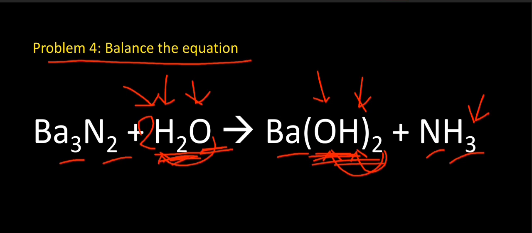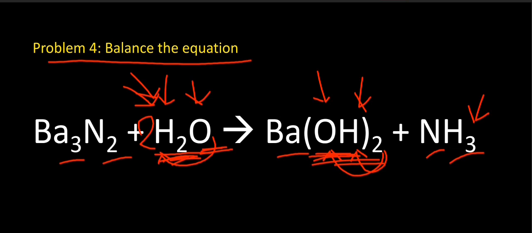And now we have 4 hydrogen atoms on the reactant side. And till now we cannot balance this by multiplying something with the number of hydrogen atoms. So we skip this for now too.